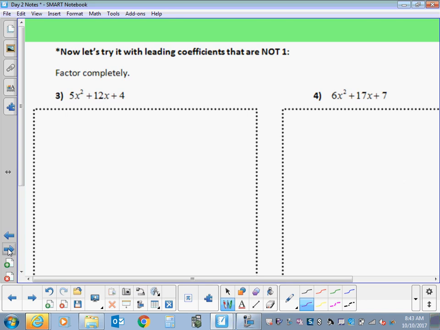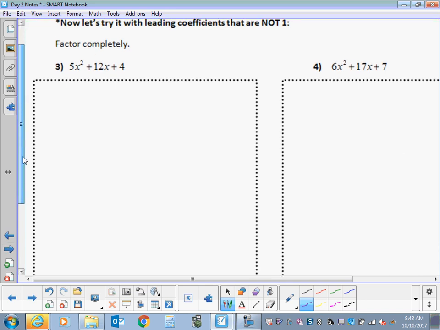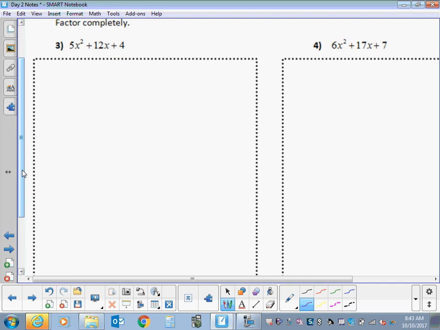It says, now let's try to start with leading coefficients that are not 1. So the first 2 we did, the number in front of our x squared was just 1. Okay? In this case, it's not just 1, it is 5. So I know I have 3 terms. I automatically put my AM off to the side.